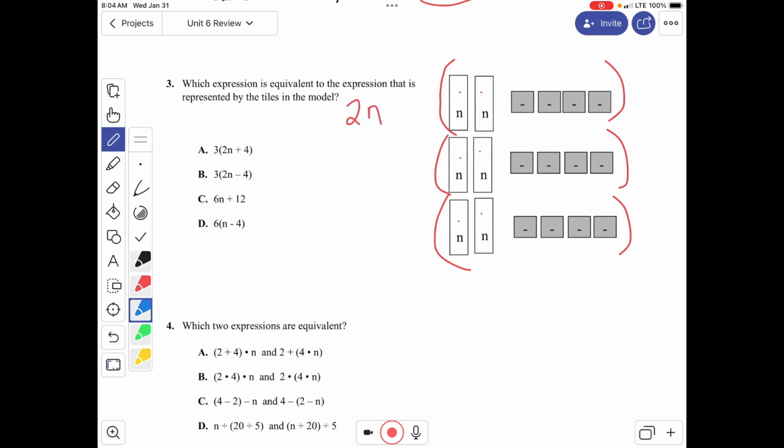And then there are 1, 2, 3, 4 negatives in each group. And there's 3 groups, so I could do it like this and multiply times 3. That would be answer choice B.